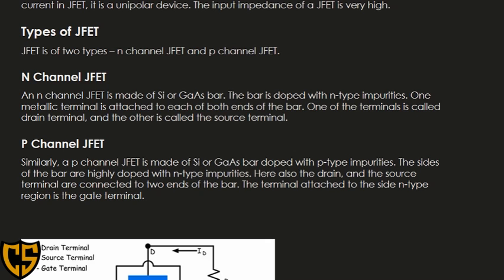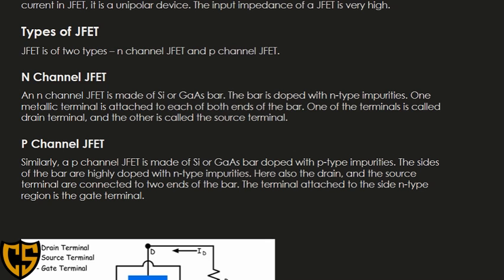As mentioned, one terminal at both ends of the bar is called the drain, and the other one is the source terminal. Two sides of the bar are highly doped with P-type impurities.